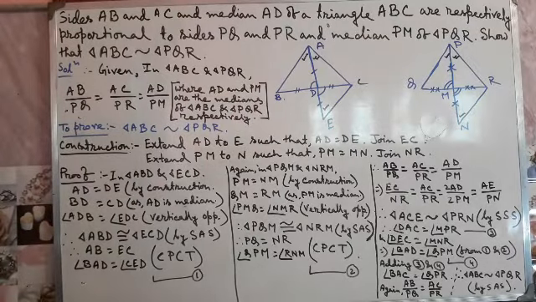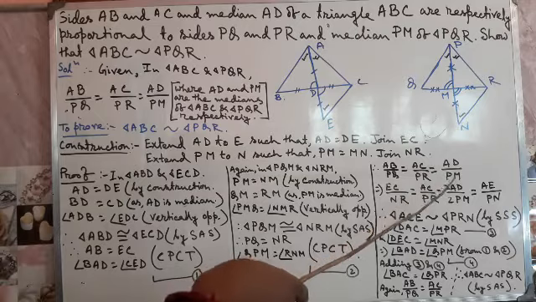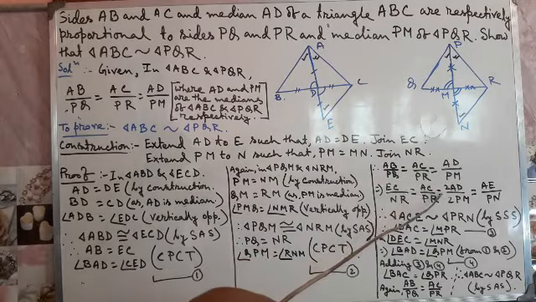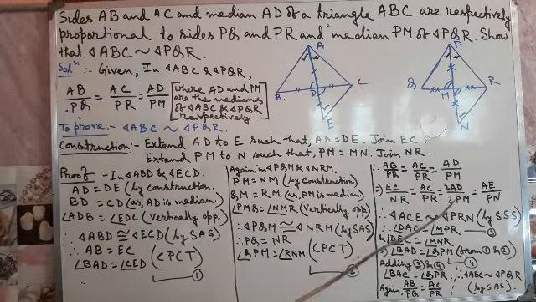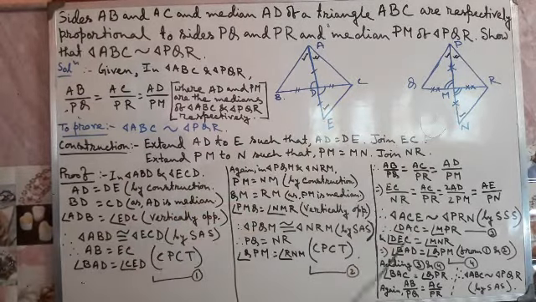Okay, and it is given that AB by PQ is equal to AC by PR is equal to AD by PM. So AD by PM, if we multiply 2 to the numerator and the denominator, AD will be double of AD, that means AE, and double of PM, that is PN.